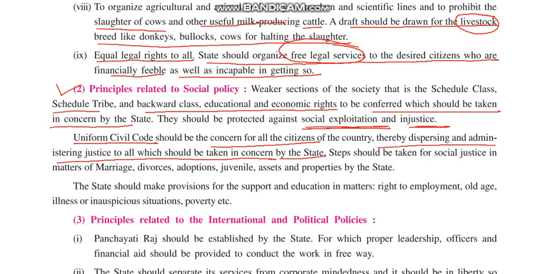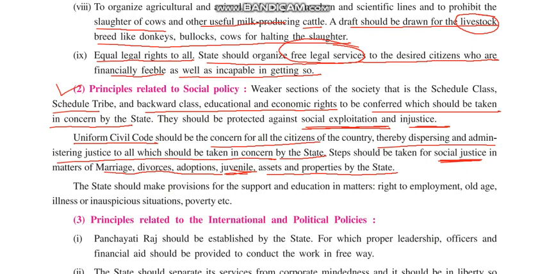Steps should be taken for social justice in matters of marriage, divorce, adoption, juvenile, assets and property. Juvenile means those who are not adults, young children. They should get justice in whatever way concerns marriage, divorce, adoption, juvenile, assets and property by the state.